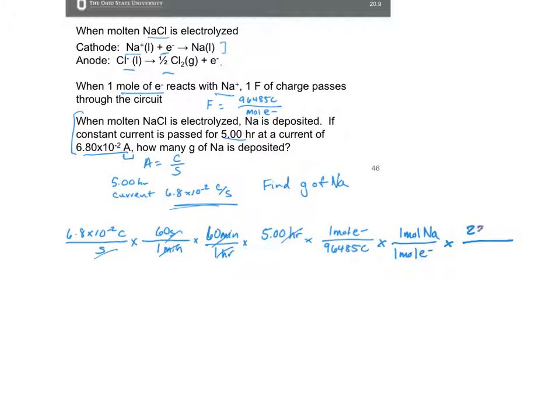It's 22.99 grams of sodium per mole. Okay, so now our coulombs cancel, moles of electrons cancel, moles of sodium cancel, and we're going to be left with grams of sodium. And I believe it's 0.292 grams of sodium.